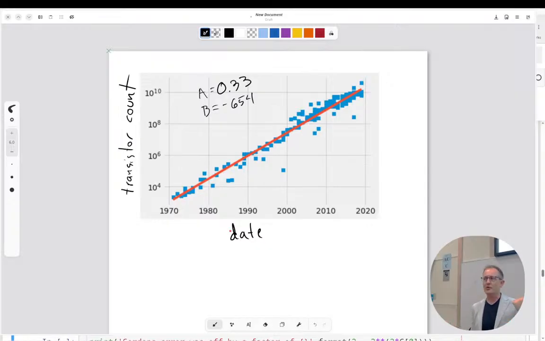I put all my data onto this XY plot, assuming that the number of transistors is time dependent, and then I do a best fit on a log scale, and I get one number that says 0.33, another number that says negative 654.